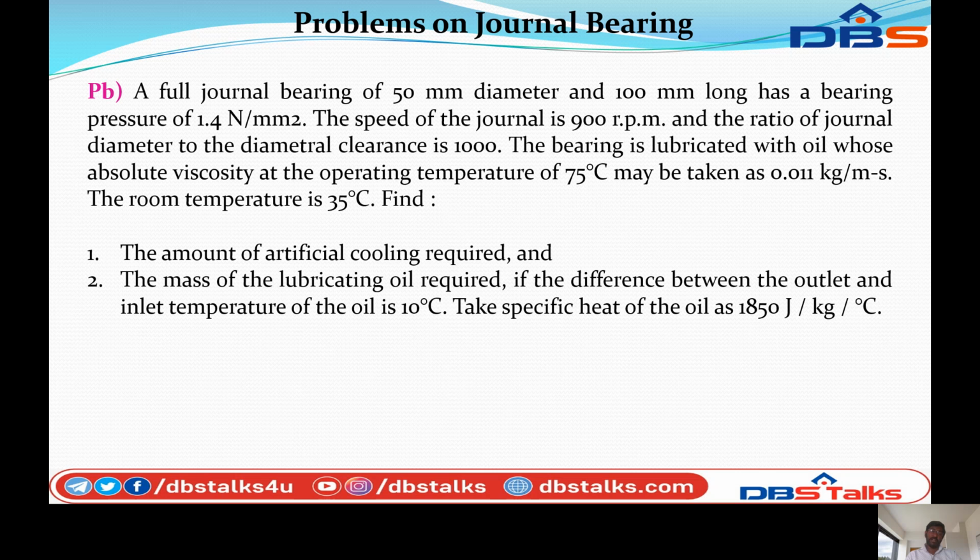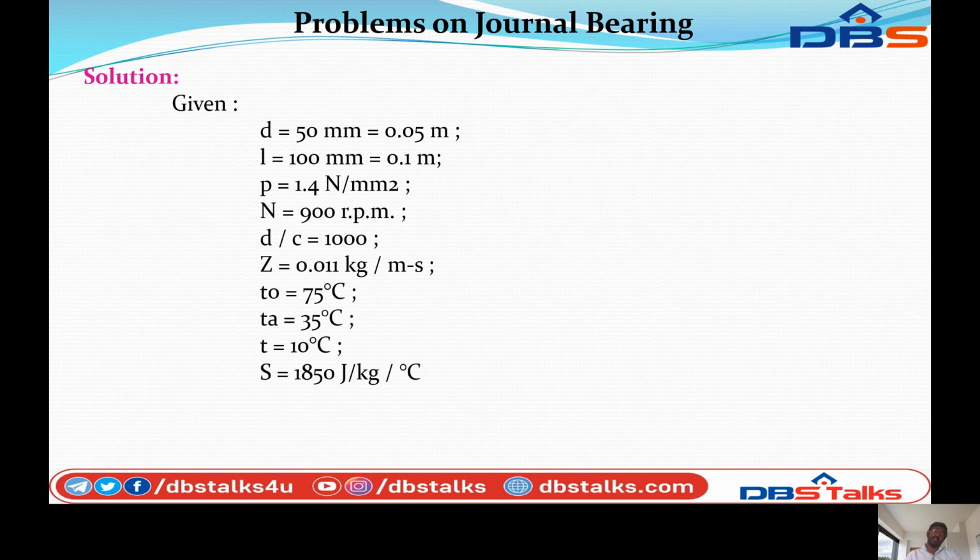First you can note down the given data. Given small d equal to 50 mm, that equals 0.05 meter. L is equal to 100 mm, that equals 0.1 meter. P is equal to 1.4 Newton per mm square. Speed N is equal to 900 rpm. D by C equal to 1000. Z equal to 0.011 kg per meter second.